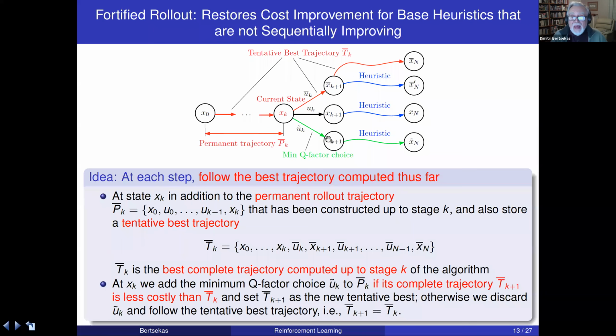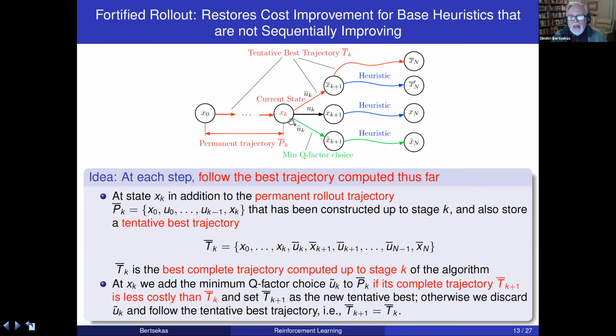Now, this also generates a new trajectory, this green trajectory here. Now, the rule is that we adopt u tilde k if it produces a trajectory that is better than the tentative best. And then we call this trajectory the new tentative best, T bar k plus 1.